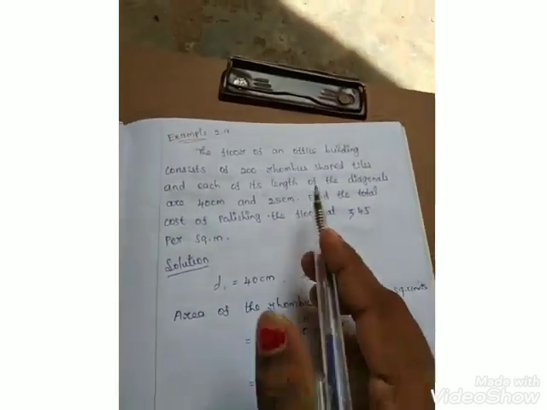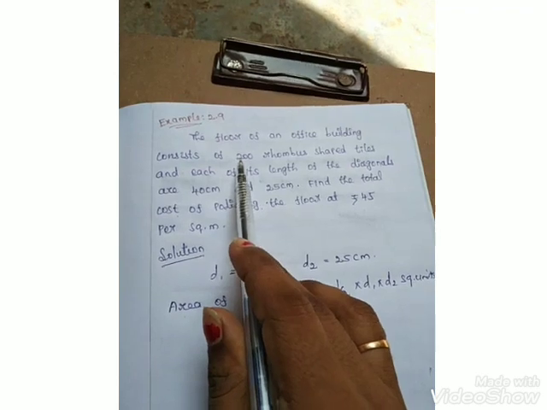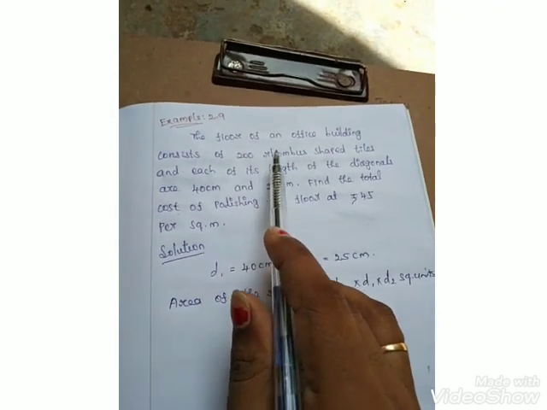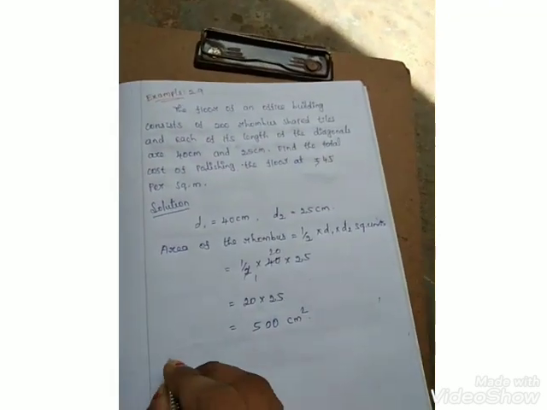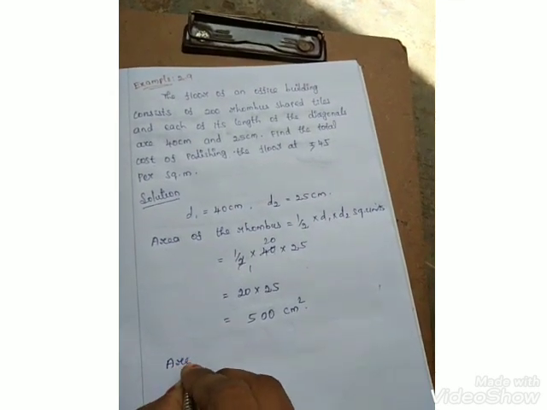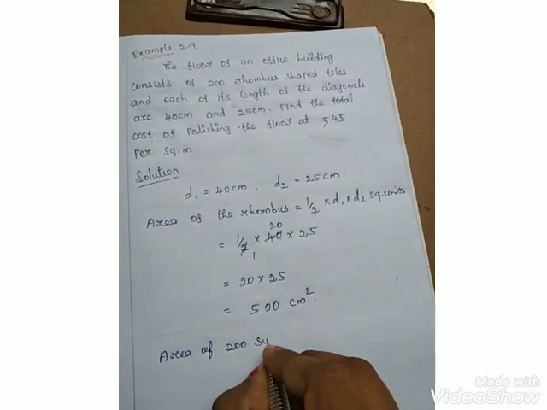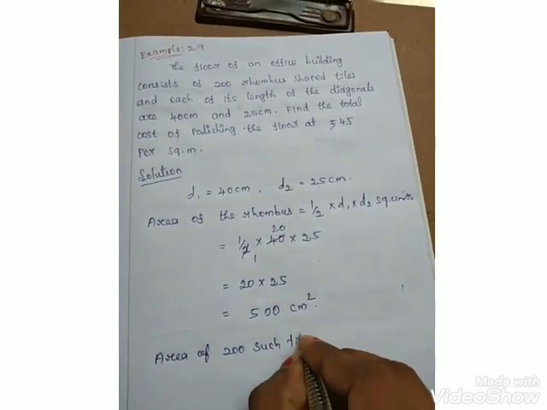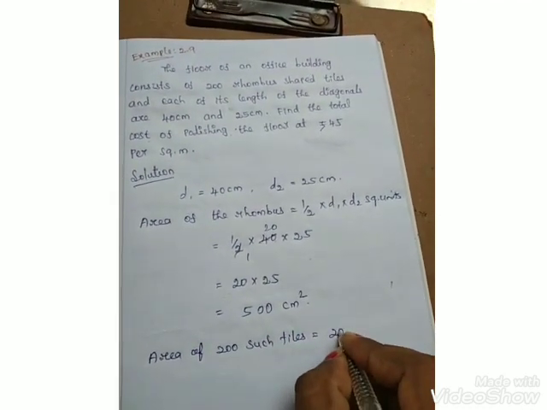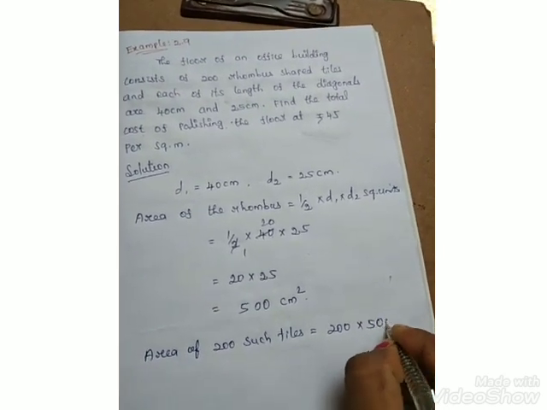Now we can find out the area of 200 such tiles. Area of 200 such tiles is equal to 200 into 500.